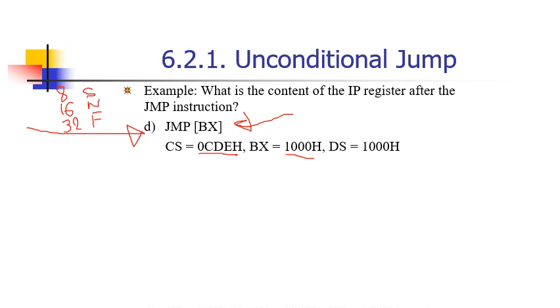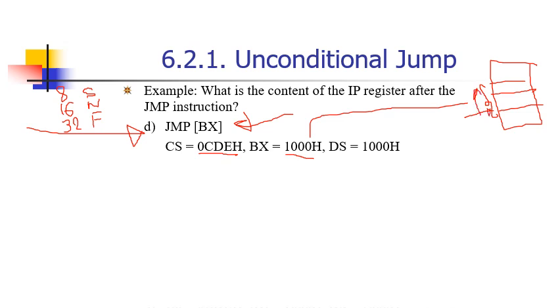This BX takes you to the data memory segments, and you go there and get 16 bits, the one which is pointed to by BX, and you automatically increment it one location up, and you get 8 bits from here and 8 bits from here, and these values are going to be replacing the value inside your IP.